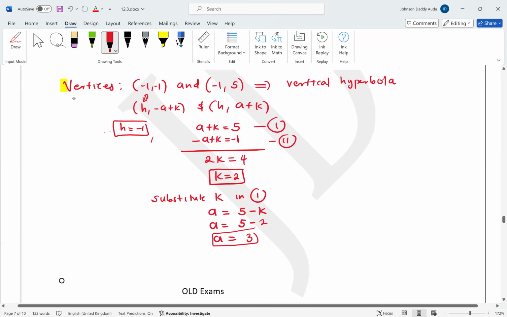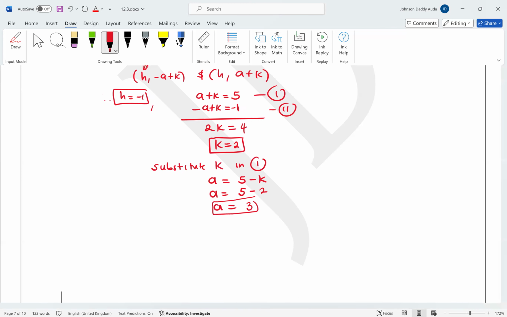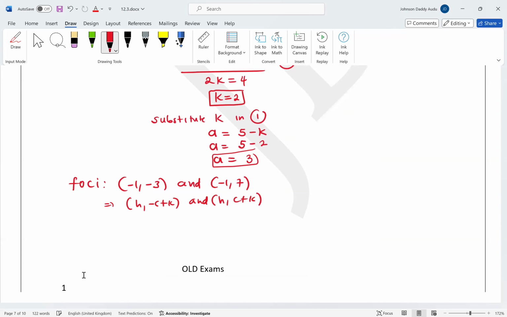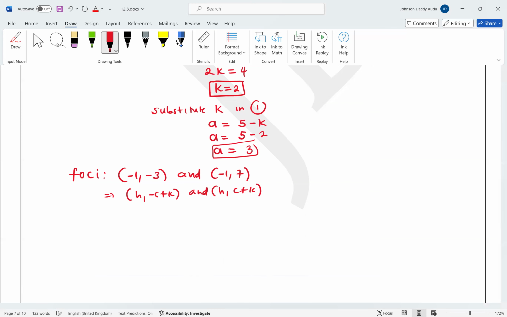What else can we find? We need b, right? We cannot get b directly, but we can use the foci now. We're given that the foci are minus 1, minus 3 and minus 1, 7. By formula, this is h, minus c plus k, and h, c plus k. So here also we can have two equations to find k.